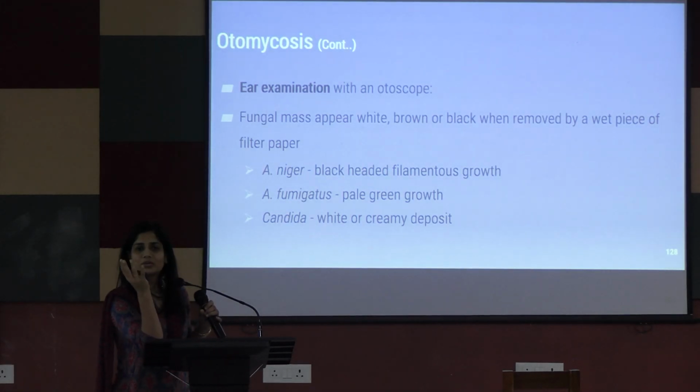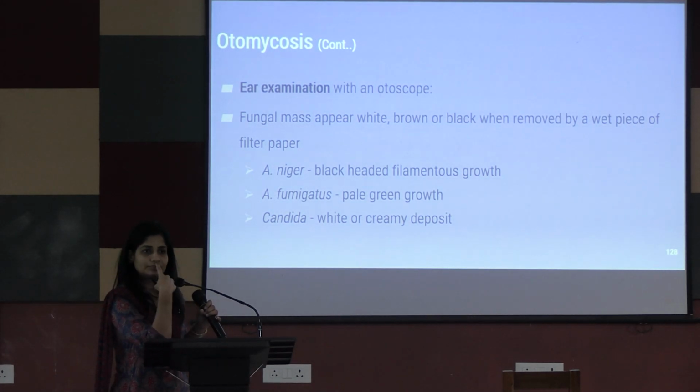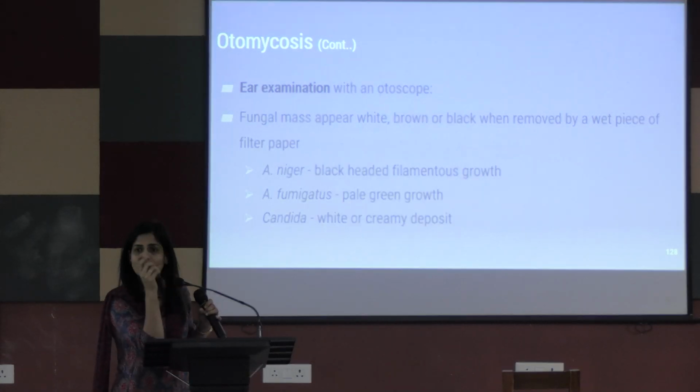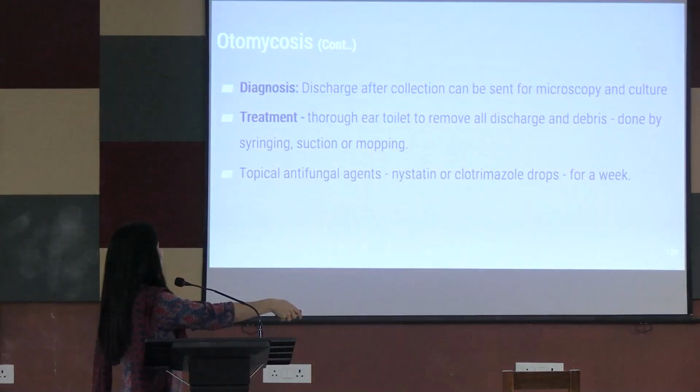How does it look macroscopically? How does it look in the gross, in the tube? Black moldy fungus. In case of Aspergillus fumigatus, it's very yellowish green in color, right? And in Candida, white creamy deposits can be seen.